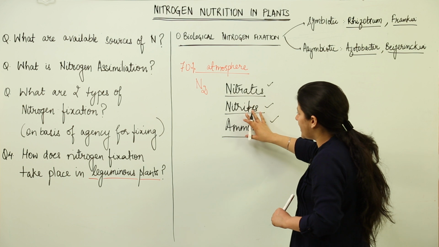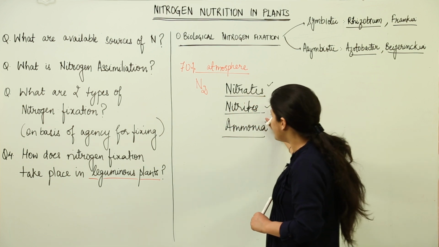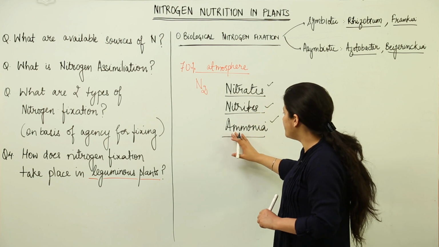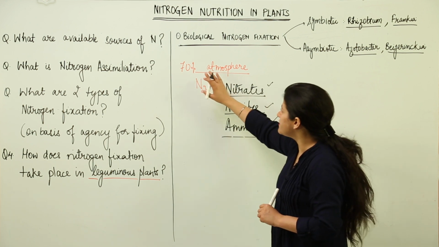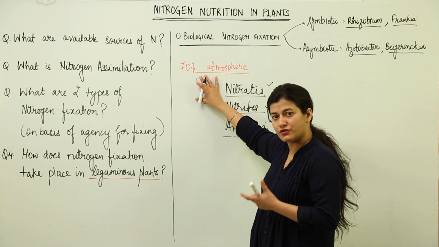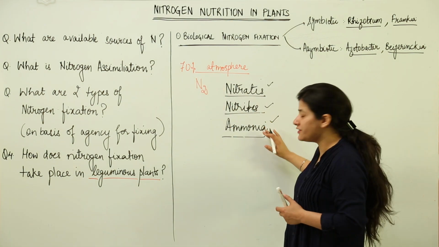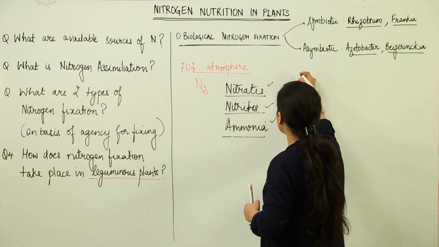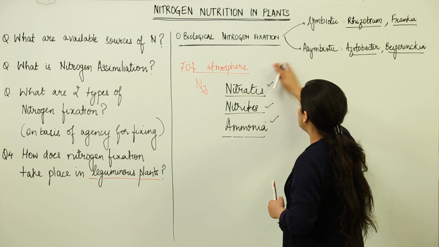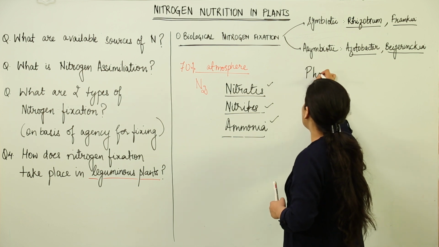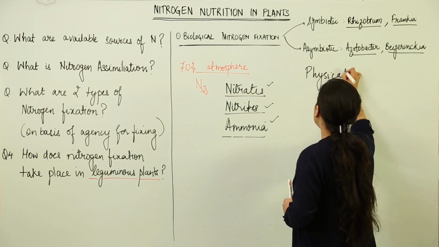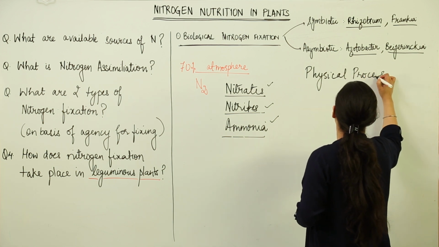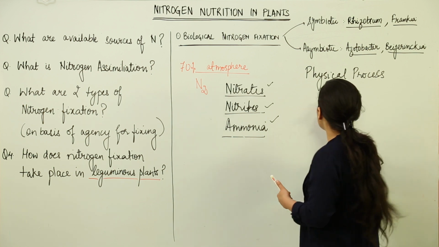How these nitrates and nitrites are made available for the plant is the type of nitrogen fixation. This atmospheric nitrogen serves as the source of nitrogen which forms the nitrates, nitrites and ammonia in the soil. So how are they formed? Atmospheric nitrogen is acted upon by a few physical processes, like lightning. We will understand it with a pictorial representation that I am going to show you in some time.